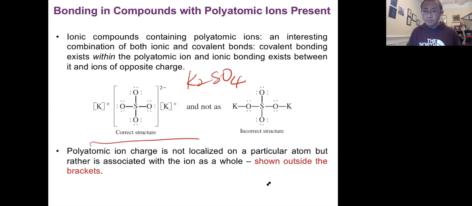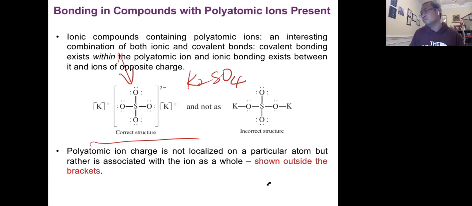But what makes this ionic compound special is that it contains not only ionic bond, but also what? Covalent bond. Where is the covalent bond located? In SO4. In SO4, S and O4 are bonded through covalent bonds.